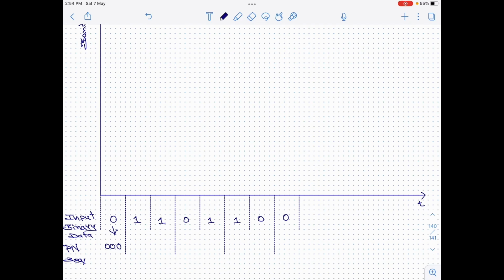The next 3 bits of the PN segment are 1 0 0. They will be written here. The next 3 bits are 1 1 0. They will come under this bit interval. The next 3 bits are 1 0 1, which are under this bit interval. And lastly, the last 3 bits are 1 1 1, which are written here.